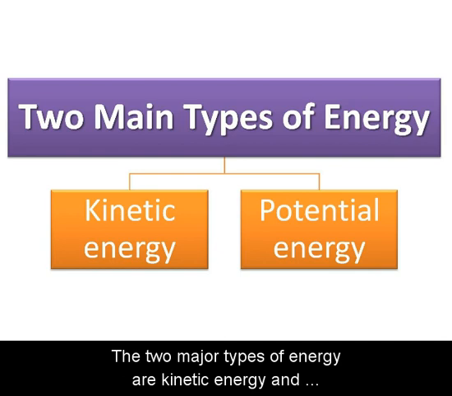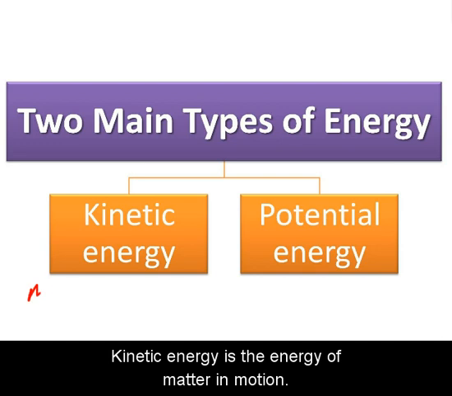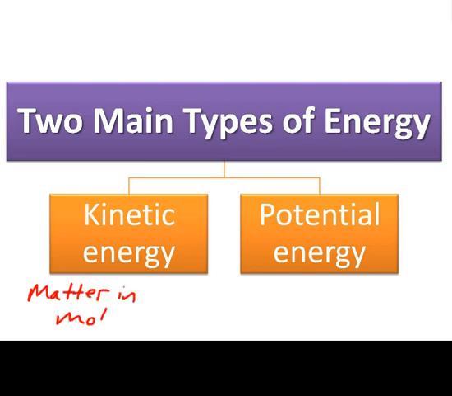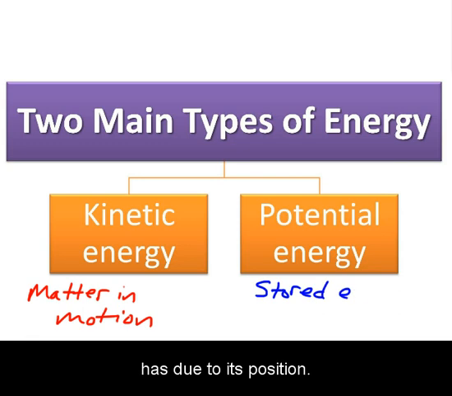The 2 major types of energy are kinetic energy and potential energy. Kinetic energy is the energy of matter in motion. Potential energy is stored energy, or the energy matter has due to its position.